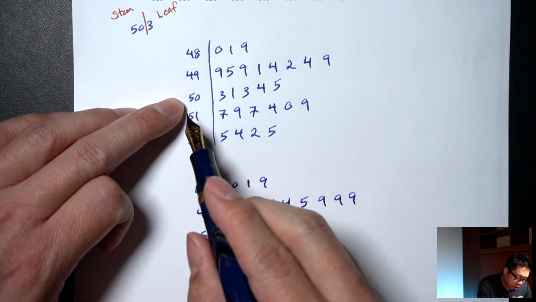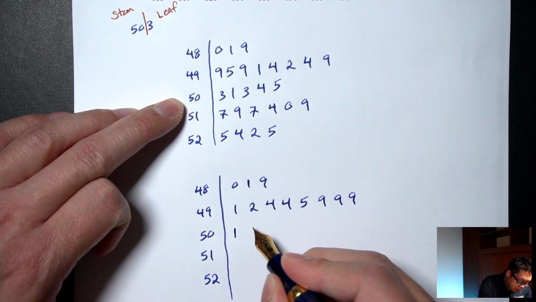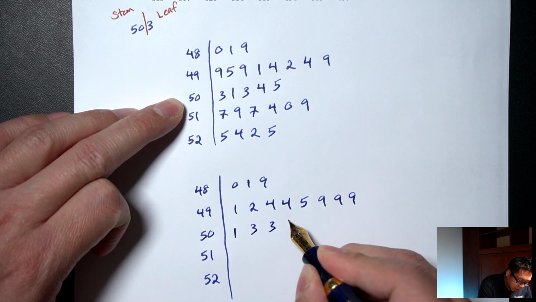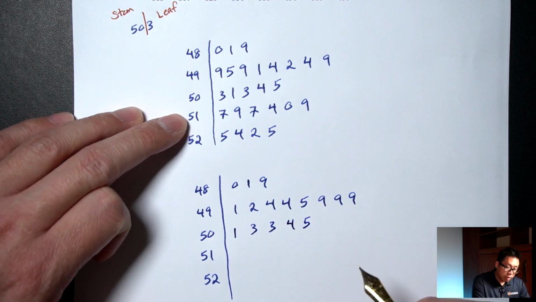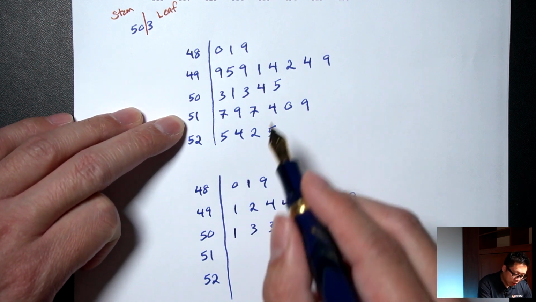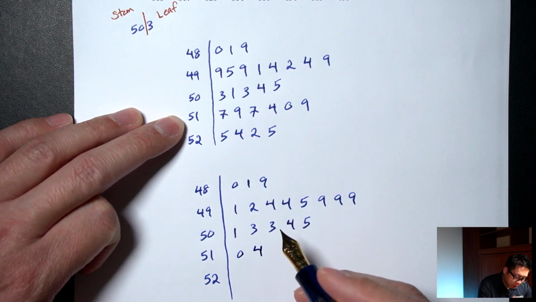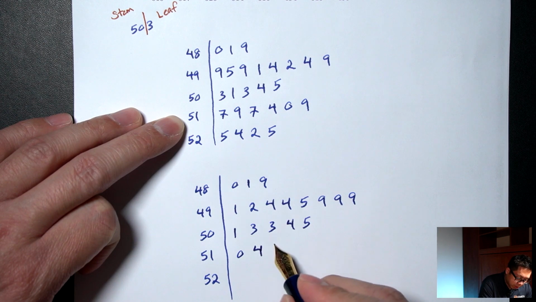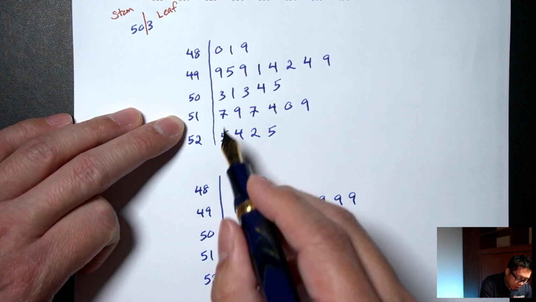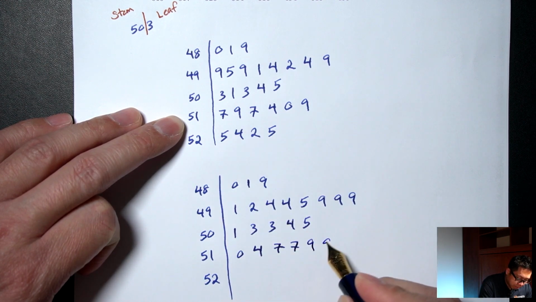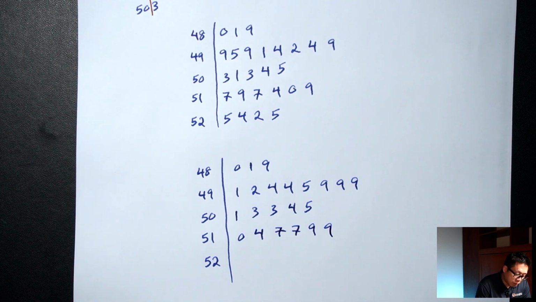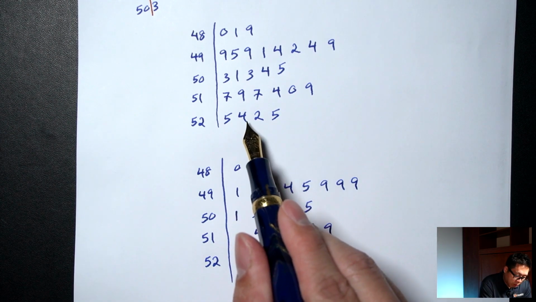For my 50 stem, I have a 1, 2 3s, a 4, and a 5. For the 51, I have 0, 4, 7 7, and then 2 9s. And then finally for the 52, 2, 4, 5 5.